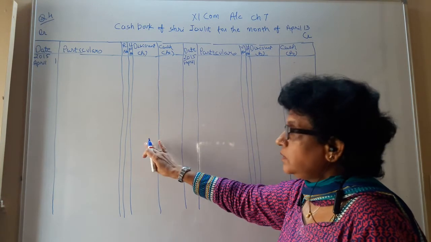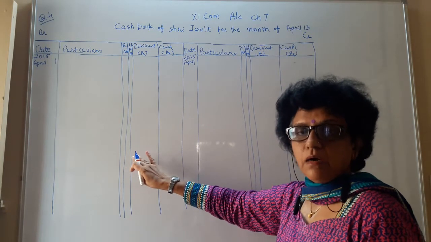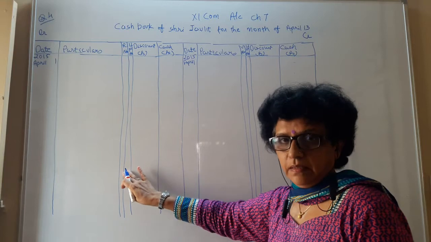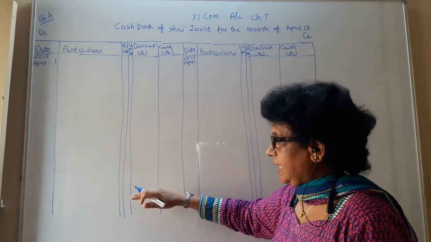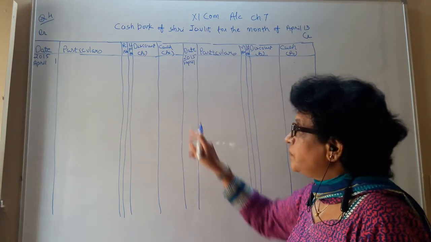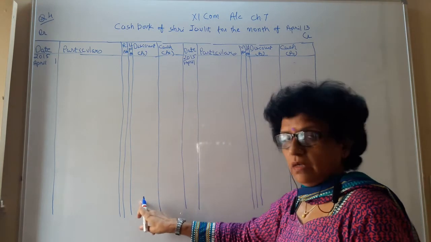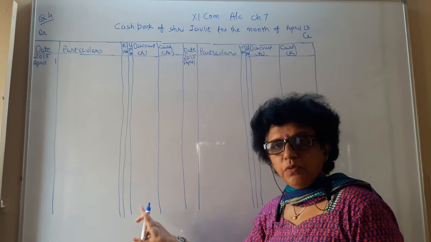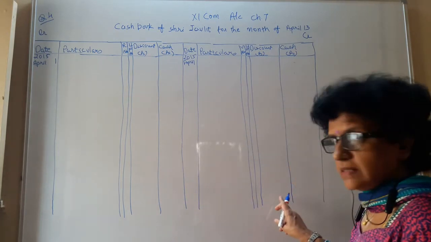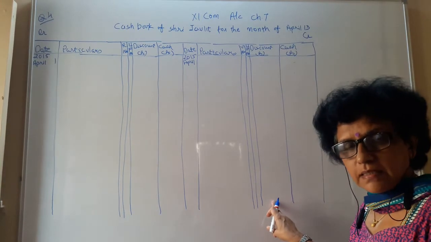We are not going to balance the discount column. Keep this thing very clear in your mind. We will close our cash column and find the cash balance, but in case of the discount column, we are going to simply put a separate total on the debit side, and in the same manner a separate total on the credit side.